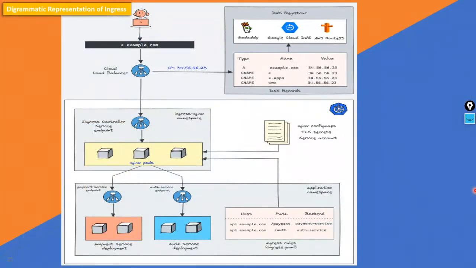So you are going to get a domain from GoDaddy, or Google Cloud DNS, or AWS Route 53. Route 53 is a very popular domain name service or registrar, because you cannot design your own IP address.